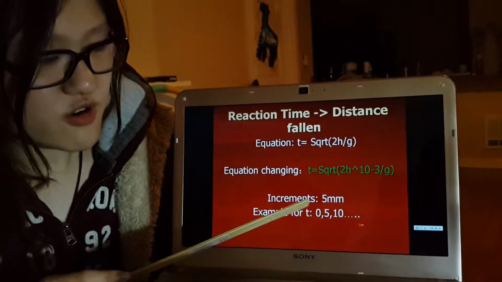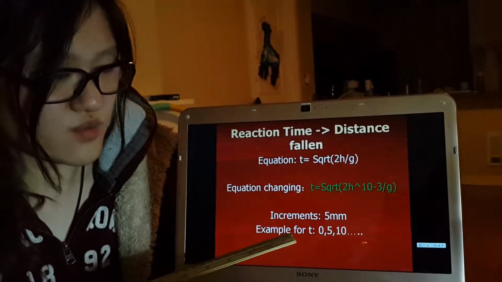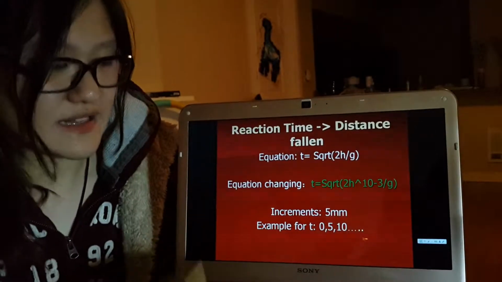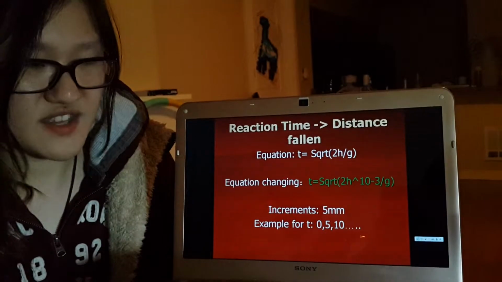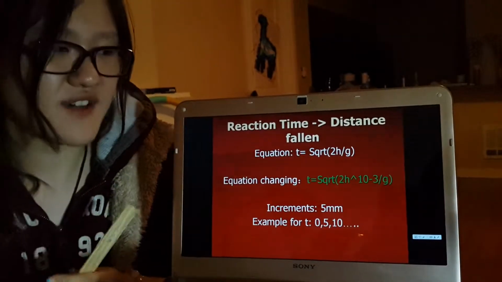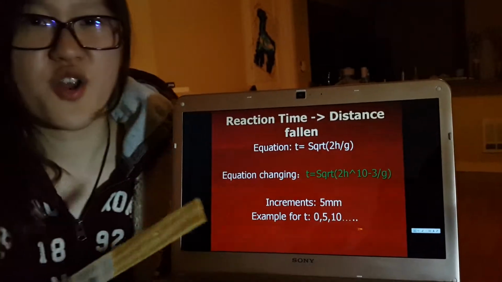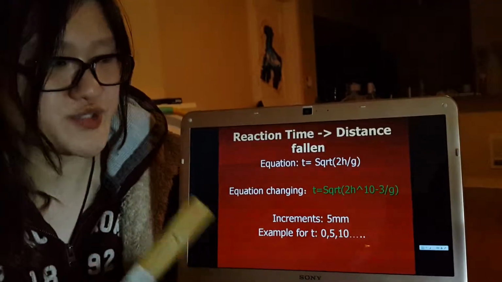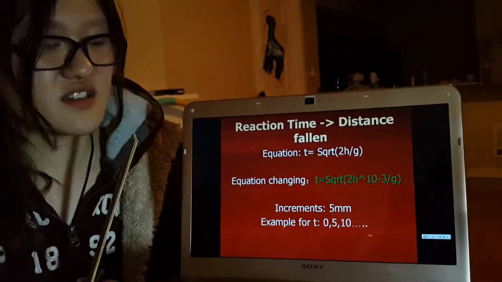The increment for the distance is 5 millimeters. So the data I put in my Excel is 0, 5, 10, 15. The interval for the distance is 5. So this is the second part of my calculations, which uses distance h to calculate the time t.